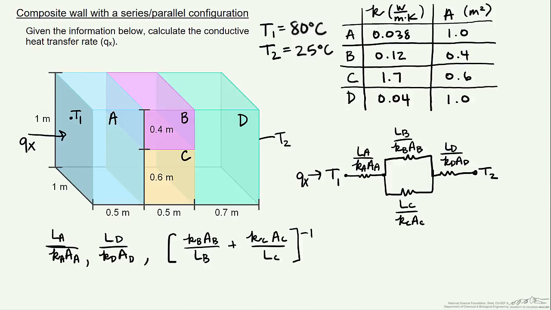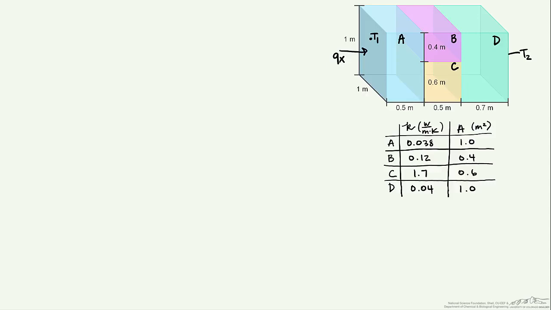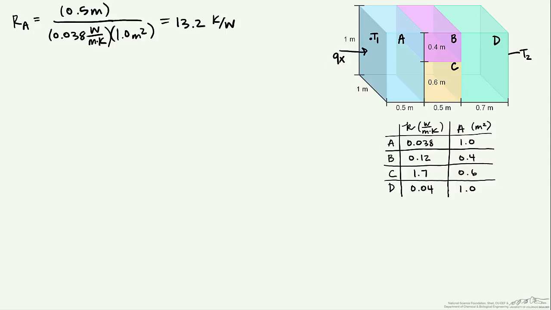So let's use now this information to find our resistances. We'll first find the resistance of A. That's our L, 0.5 meters, divided by our K, 0.038 watts per meter Kelvin, times our area, which is 1 meter squared, and this is going to equal 13.2 Kelvin per watt.